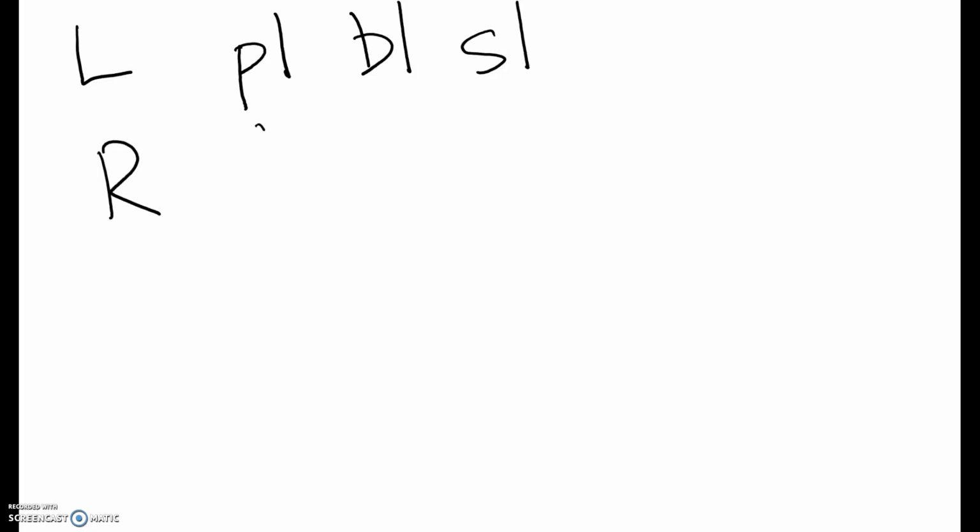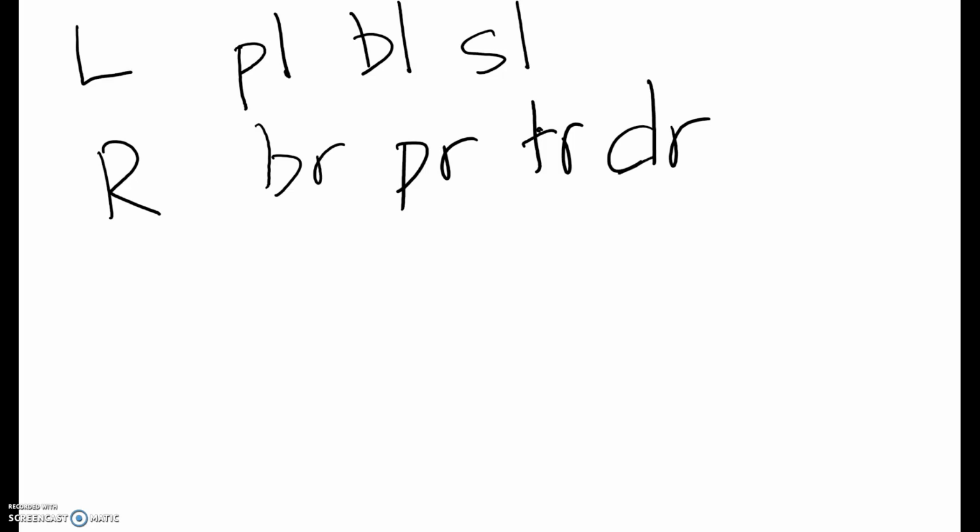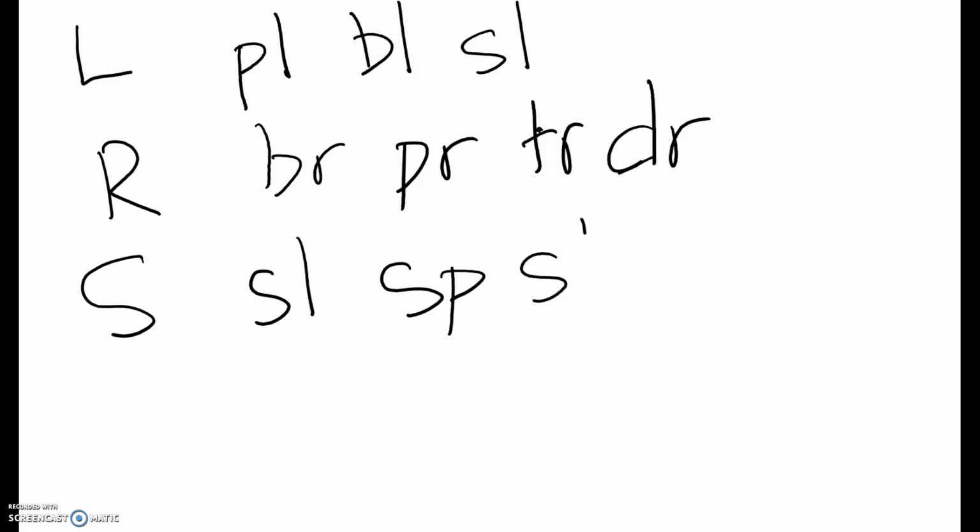We have R blends that would be like BR, PR, TR, DR, among others. And then we have S blends, which would be SL, SP, ST. And in the S blends, there's also some 3-letter blends like STR.